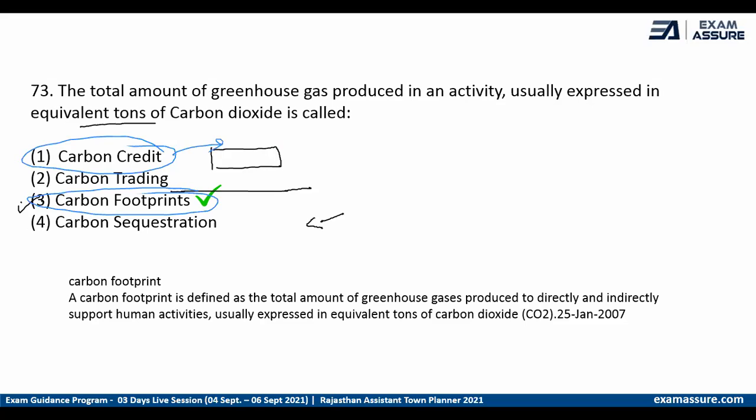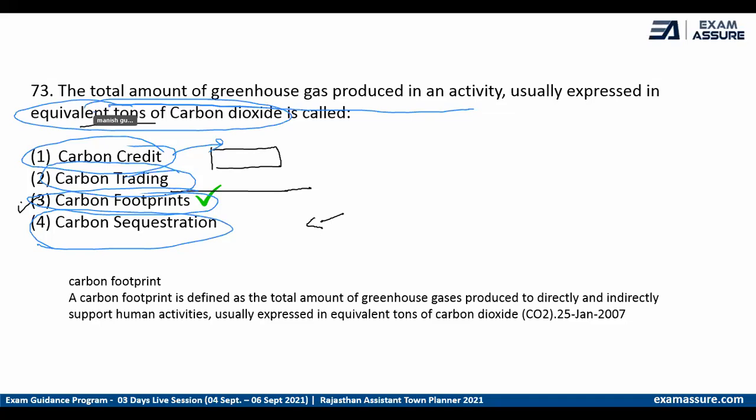Carbon sequestration is a phenomenon in which carbon is taken into rock and removed from the atmosphere. In this question, the greenhouse gas emitted per equivalent ton of carbon dioxide is only the carbon footprint. Okay, let's move to the next question.